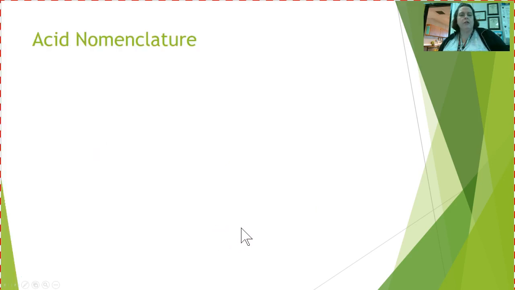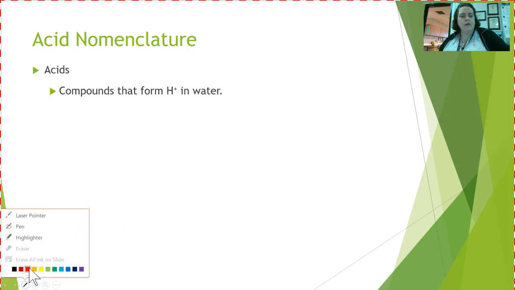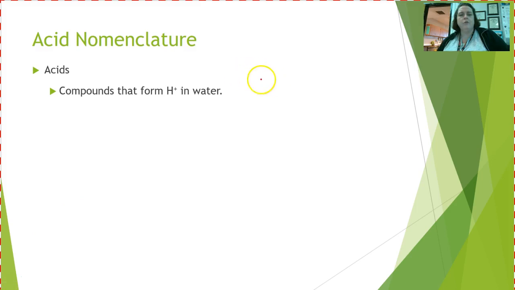So acid nomenclature, pretty simple here. Acids are compounds that form H+ in water. Basically, in water, that H+ will attach to a water molecule, and it will actually create something also known as a hydronium ion, or H3O+.